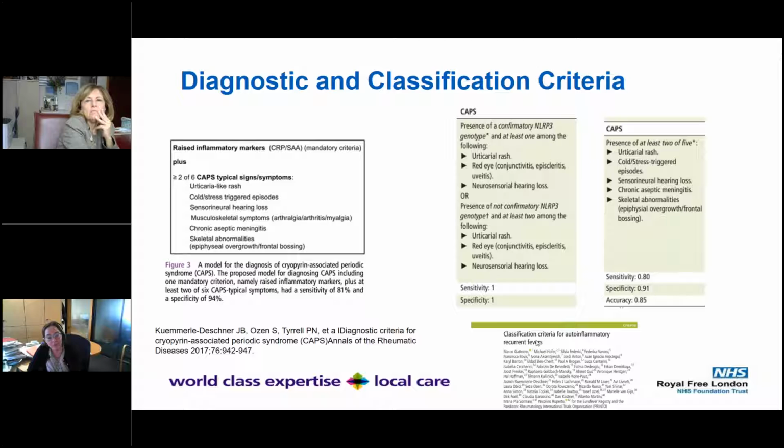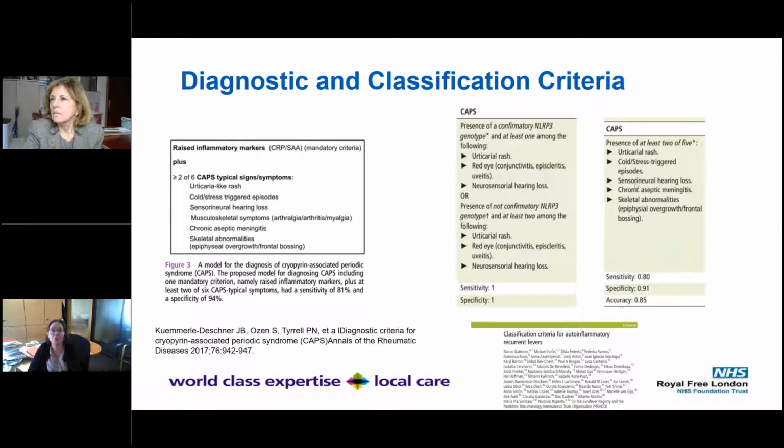The classification criteria again usefully divide this between, in the presence of a confirmatory genotype, when the requirement is at least 1 of the characteristic urticarial type rash, evidence of a red eye with involvement, which can be conjunctivitis, episcleritis, or uveitis, or evidence of sensorineural hearing loss, or in the presence of a non-confirmatory genetic variant, at least 2 of them.